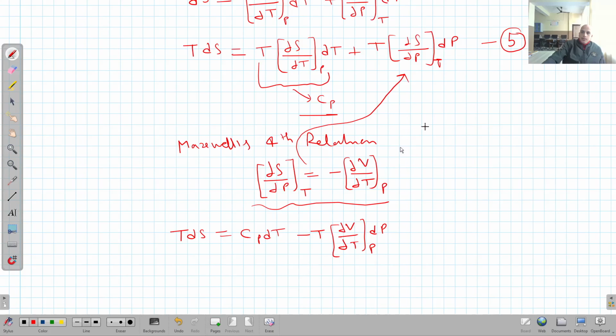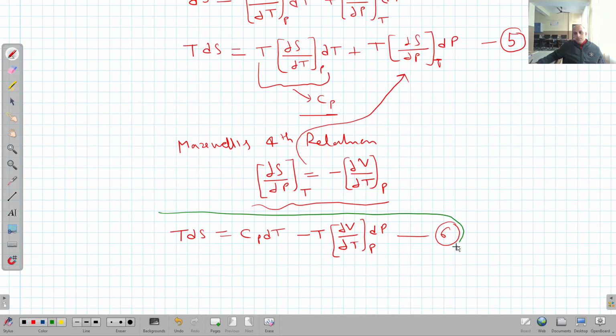You can see here the same thing. Clear? But the only thing that I did is I replaced this with this term. Now this is equation number 6, and this is called the second TdS equation. Clear? This is the second TdS equation. Clear?